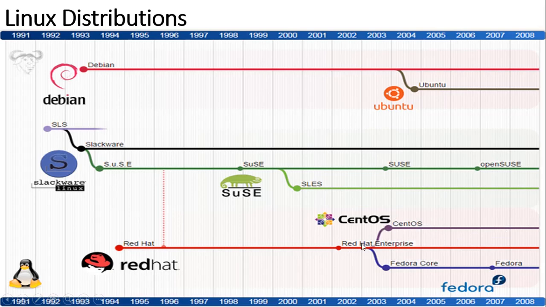Though it is a branch of Red Hat, it works independently. Fedora is where any new updates in Red Hat are first implemented. This is also a free version, but we don't have support from Red Hat. CentOS and Fedora are both free versions.